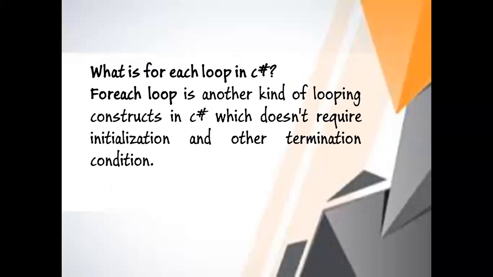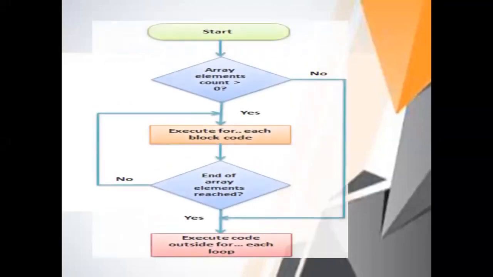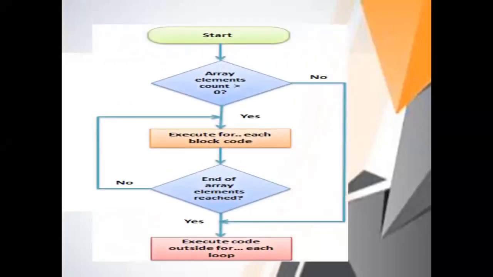It is very useful when working on an array or collection. So this is the structure of the for each loop. How it works, the for each loop traverses one by one all items in a collection or array. When it finishes traversing the items, the loop gets automatically terminated.